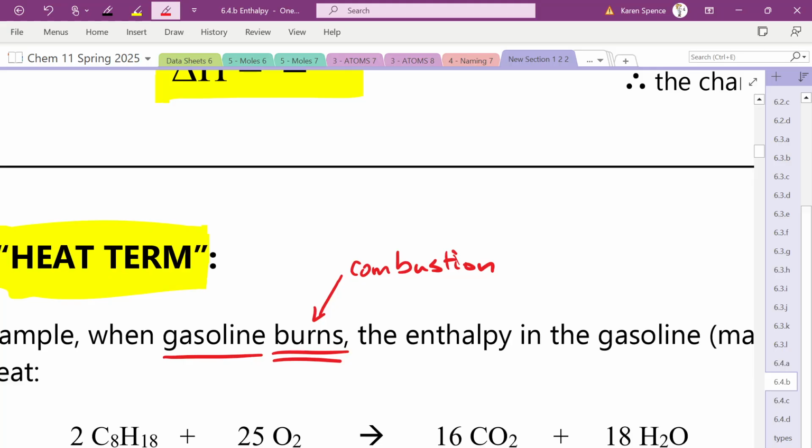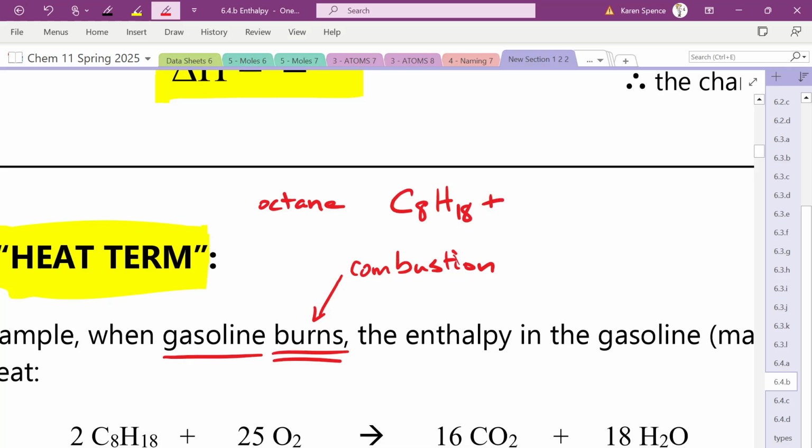And gasoline is mostly octane, C8, and then H, twice 8 is 16 plus 2 is 18.